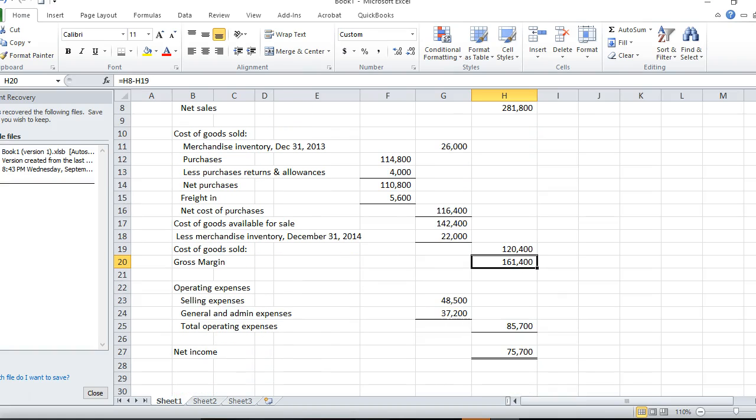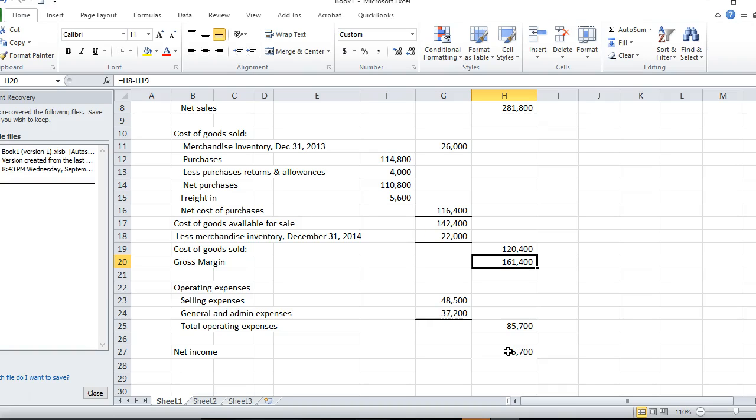Our gross margin minus our operating expenses gives us our net income. Make sense? I'm sorry, what? Gross margin is sales minus cost of goods sold.